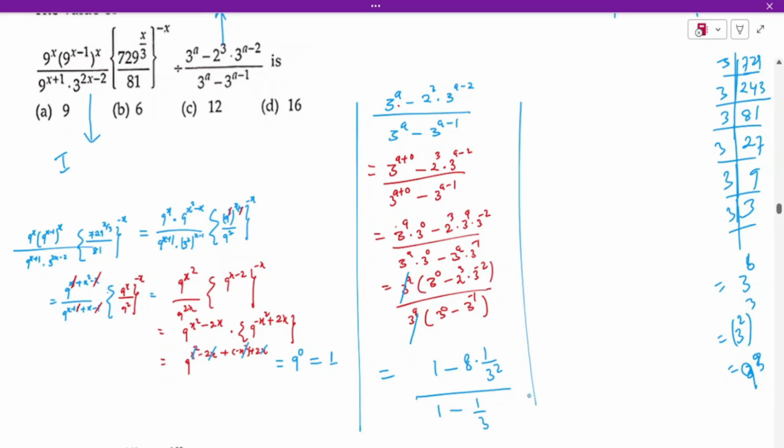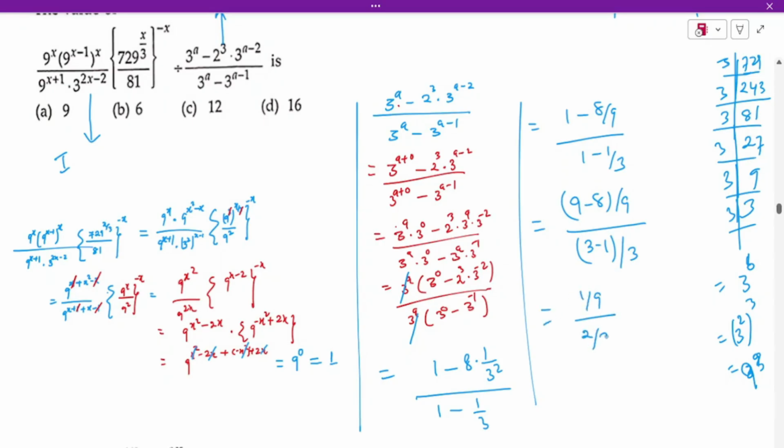So once we simplify this, we'll get 1 minus 8 by 9 divided by 1 minus 1 by 3. Upon simplification, the numerator is 9 minus 8 by 9, and the denominator is 3 minus 1 by 3. So the numerator is 1 by 9 and the denominator is 2 by 3.